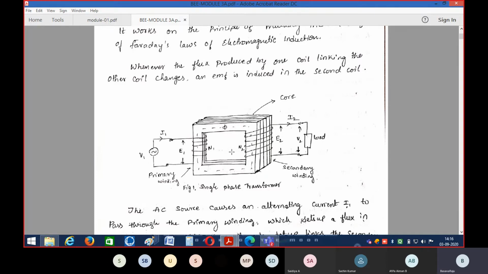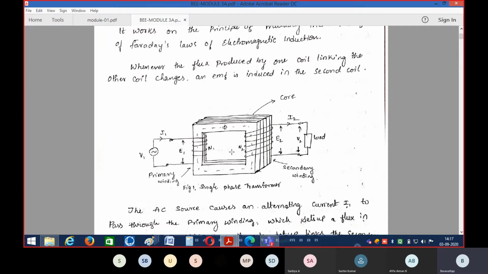Just by looking at this diagram, we can see that the alternating sinusoidal flux crosses both the primary winding and the secondary winding. Okay. So now the flux which was produced is crossing the primary winding, and due to which what will happen? There will be an induced EMF in the primary winding of the transformer.